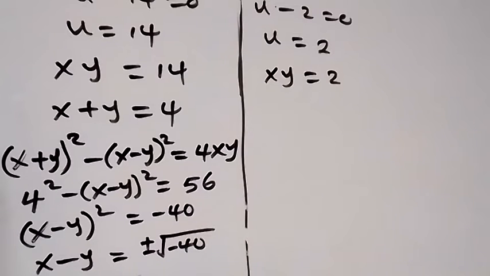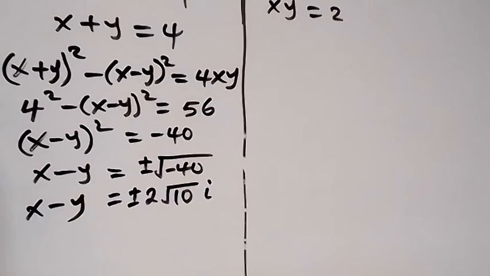So we can say this is plus or minus 2 root 10 i. Because of the minus 1 there, root minus 1 there is complex. So x minus y here now is equal to plus or minus 2 root 10i.